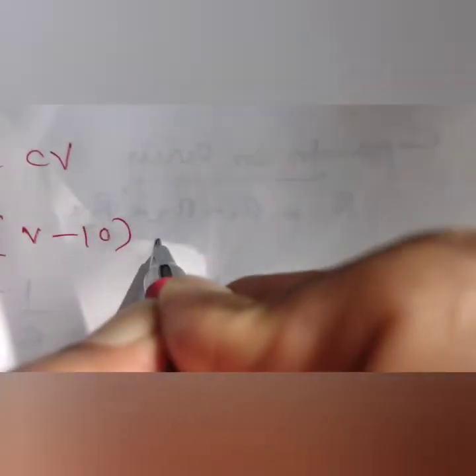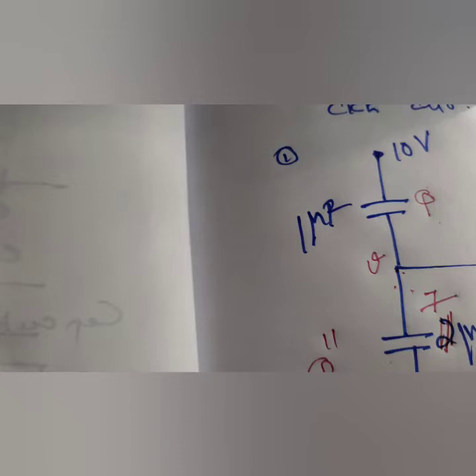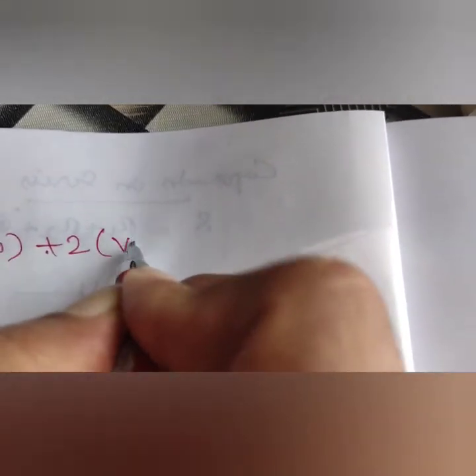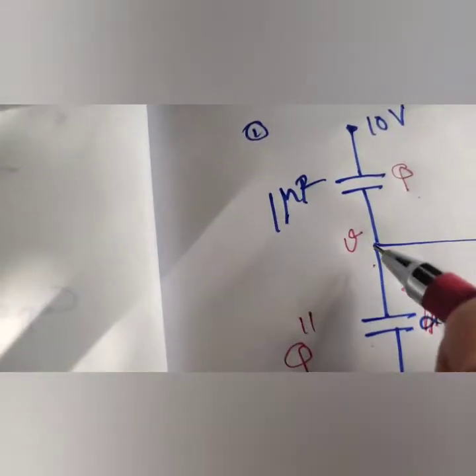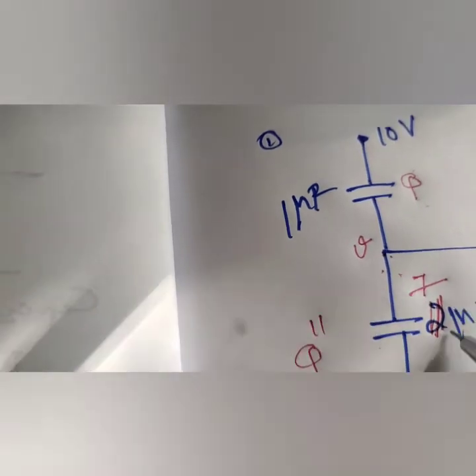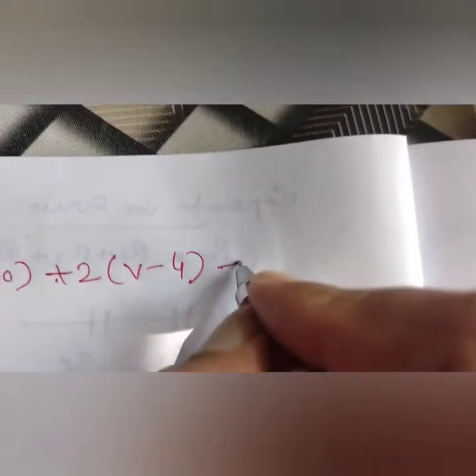We take 1 into V minus 10, with respect to this point, and then 2 into V minus 4, plus V minus 0 into 7, that is 7V, equal to 0.